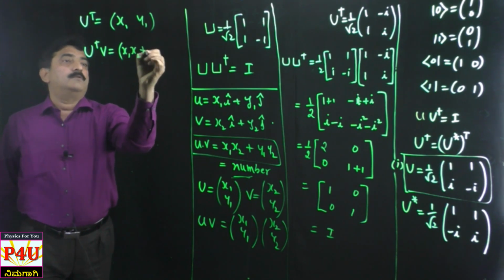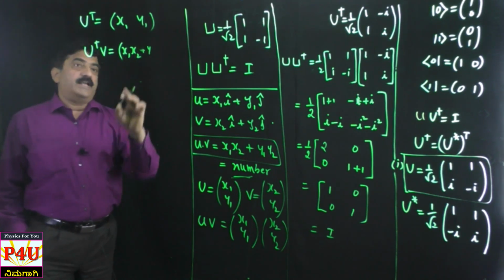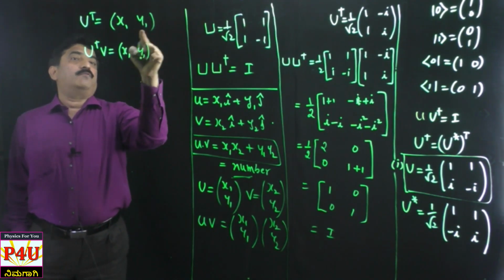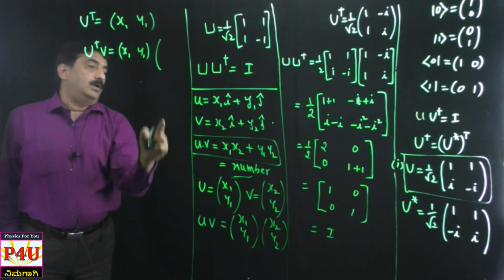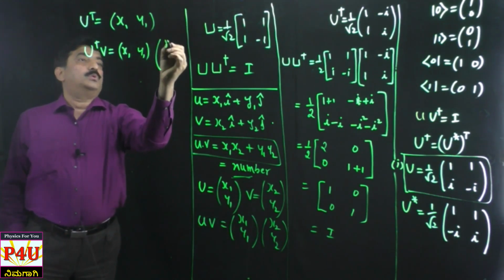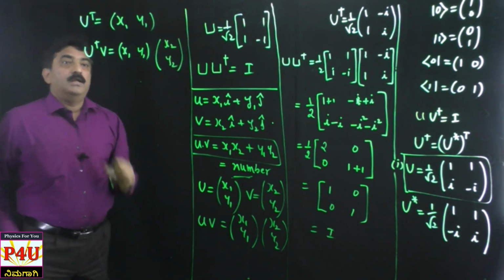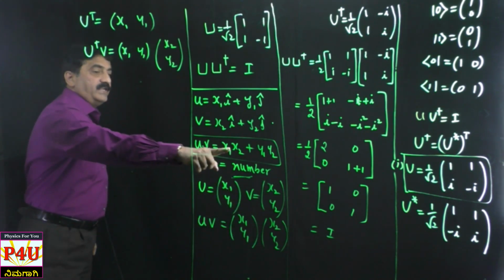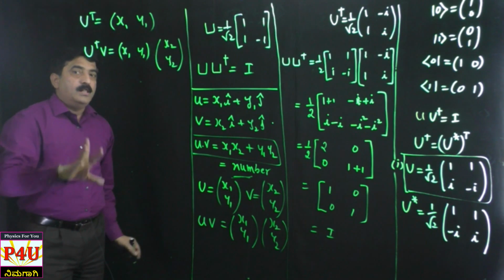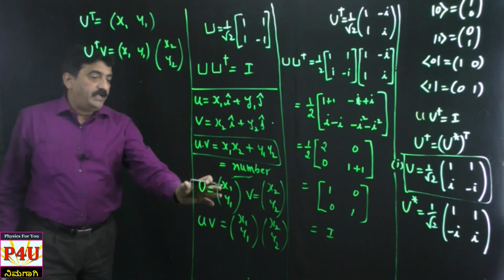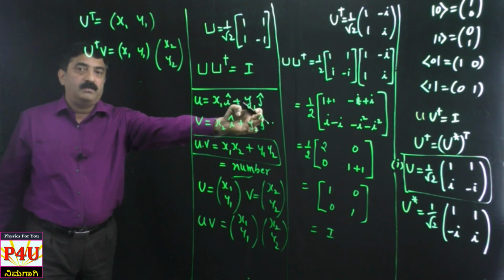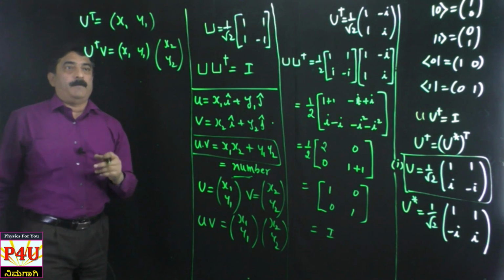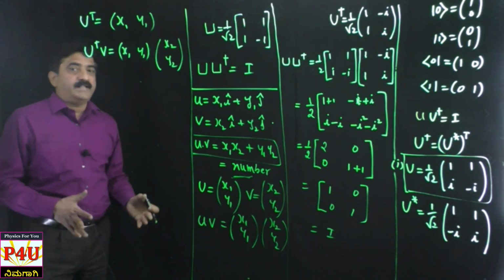My intention is to show you the dot product in matrix form also. This is the normal representation, the vector form. This is the matrix form, because in this chapter we make use of matrices, that's why.